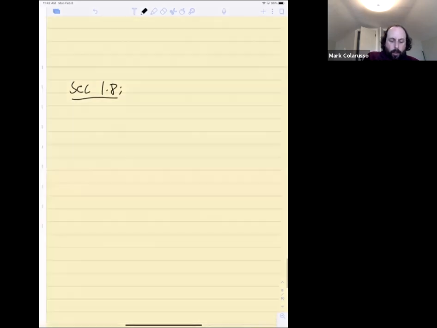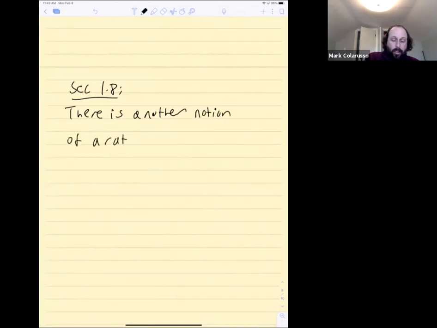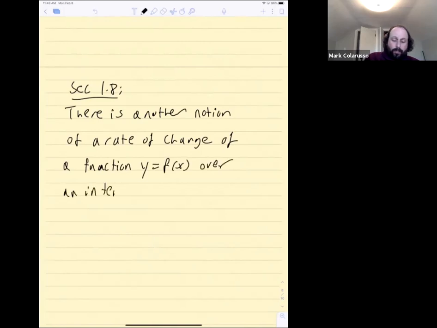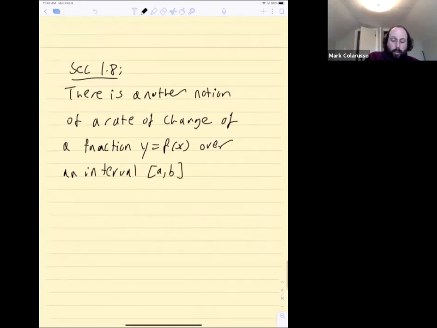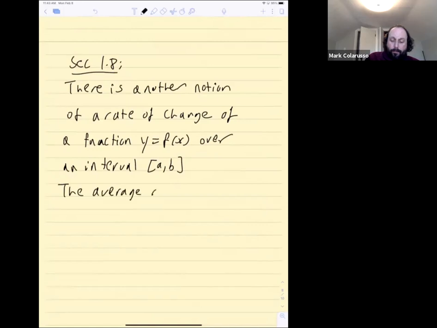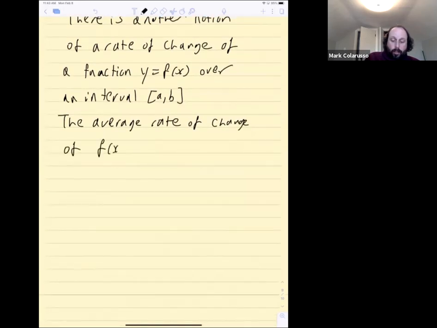There is another notion of a rate of change over a function y equals f(x) over an interval [a, b], and this is the average rate of change of f(x) over [a, b]. So what is this average rate of change?